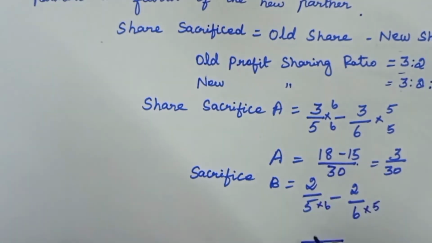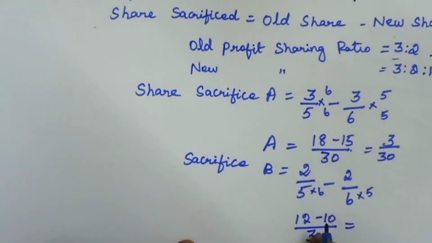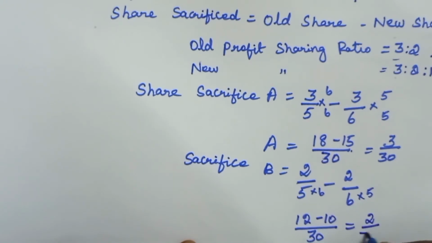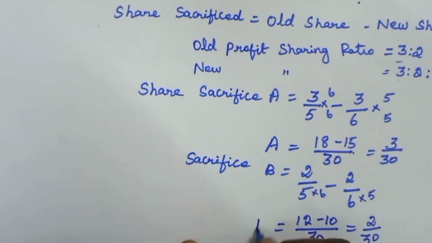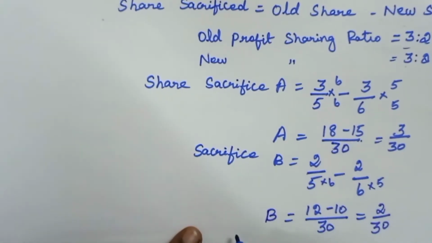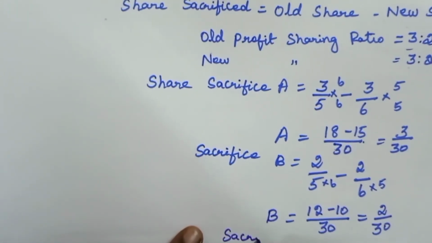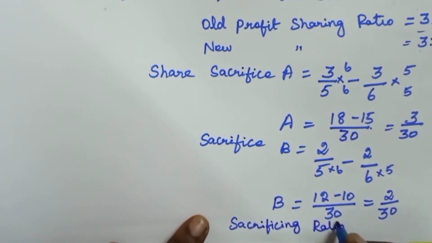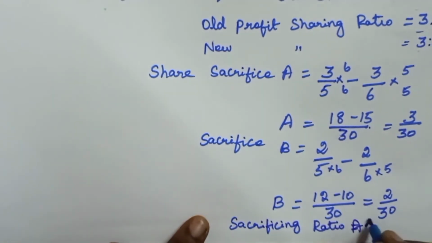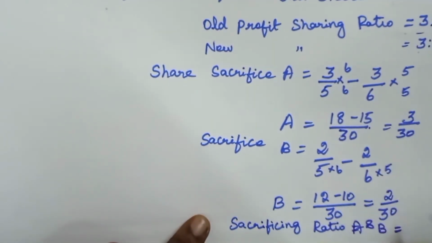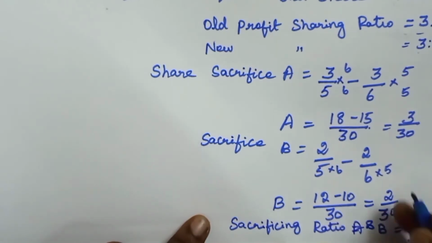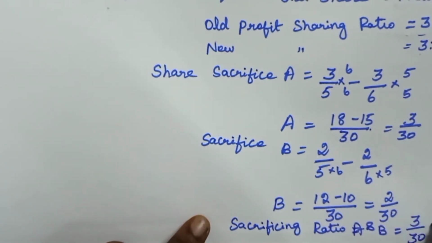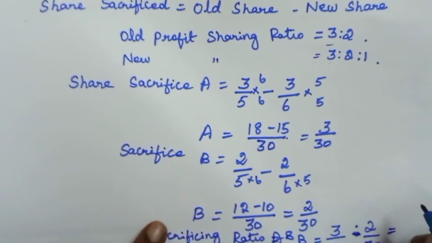So 2 into 6, 12. 2 into 5, 10. 12 minus 10, 2. 2/30, sacrifice of partner B. So sacrificing ratio of partners A and B: 3/30, 2/30. The ratio is 3:2.